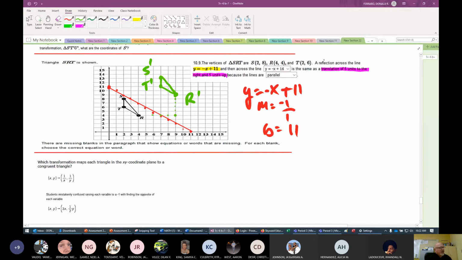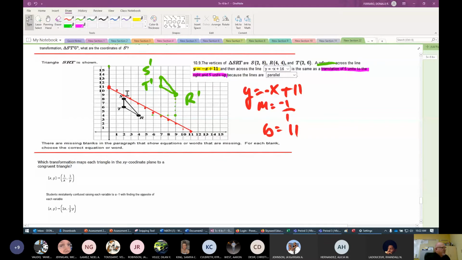We've got two reflections, a reflection across this line, and then another reflection. What the answer is, is that they gave us a line that has the same slope as an option, and they use 16 as our starting point.